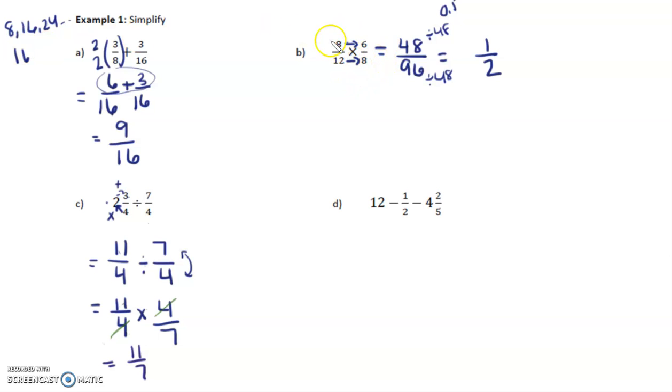Referencing back to B, we had 8 over 12 and 6 over 8. There was an 8 in the numerator and an 8 in the denominator, which would leave us with 6 over 12, which makes it much easier to see that this is 1/2 than 48 over 96. Those numbers just get a little bit big.